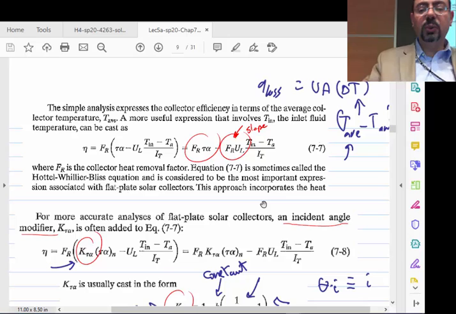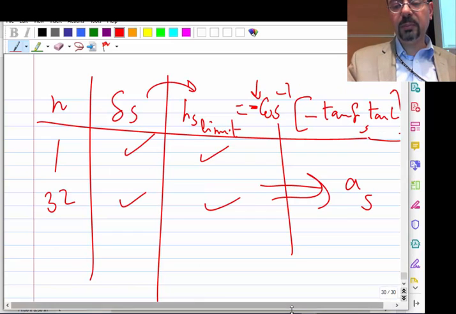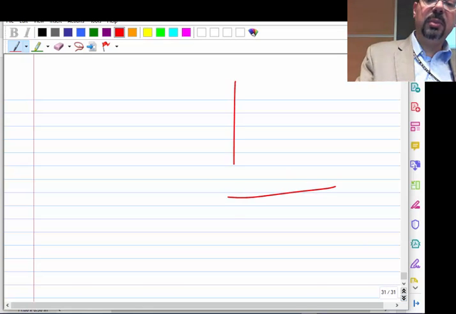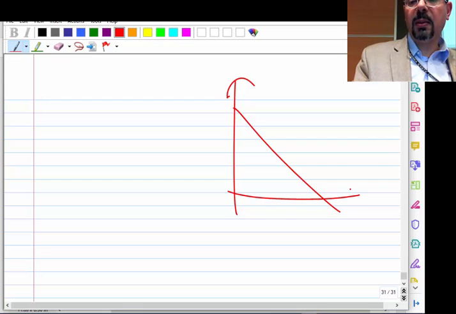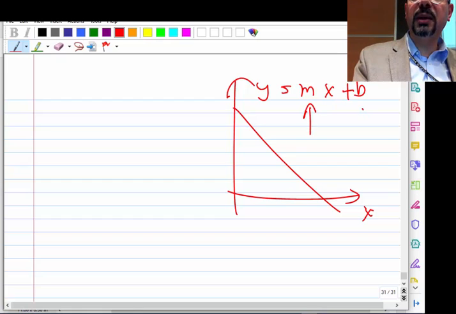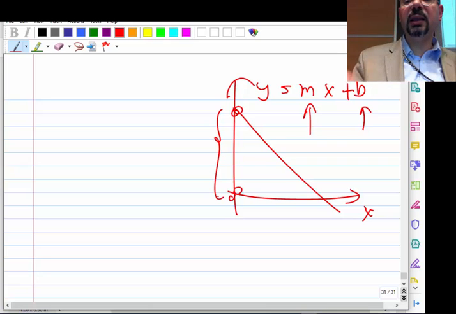So a linear equation, any linear equation, can be expressed as, here is x, here is y, it will be mx plus b. There is a slope and there is an intercept. The intercept is the point where you hit the y-axis, and the m is the slope, right? The slope of the curve.